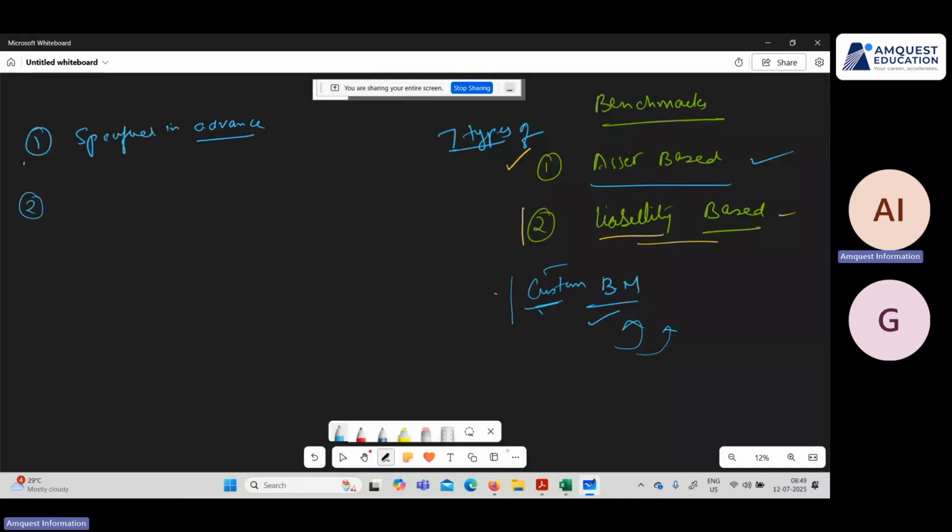Second is appropriate. Now, what does appropriate mean? If I know that my manager has expertise in selecting small cap securities, then it is important that I choose a benchmark, let's say S&P 400. 400 or 600 is small cap. Let's say 400, I don't remember.